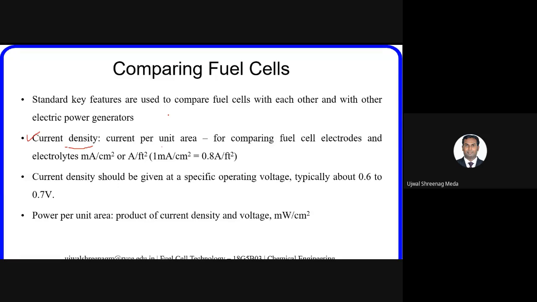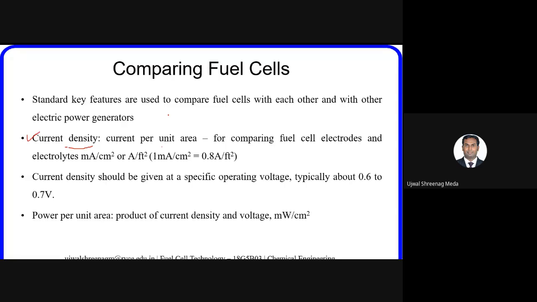So far we have learnt one term, that is current density. Another such term is power per unit area. You have to make out the difference here.